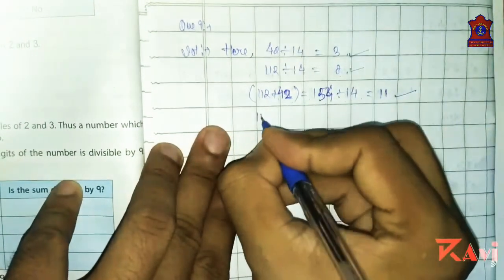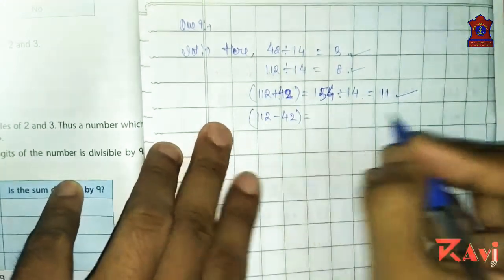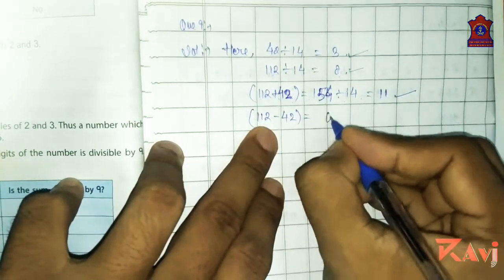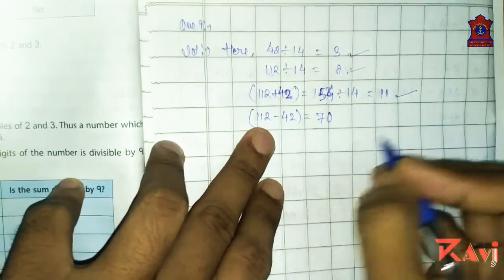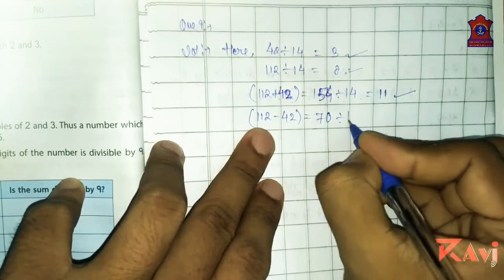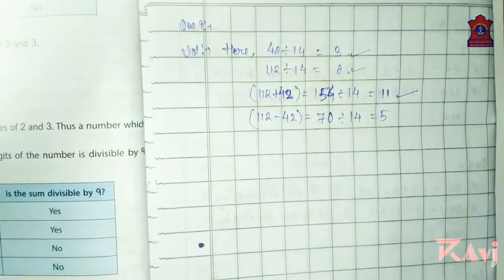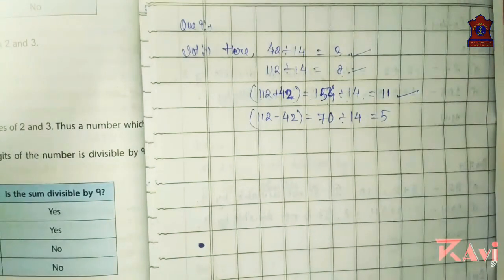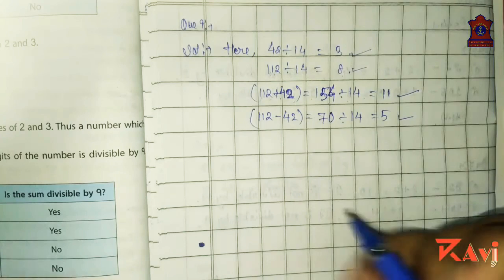And 112 minus 42: 2 minus 2 is 0, 11 minus 4 is 7, 70. 70 divided by 14 equals 5. So this number is also exactly divisible.